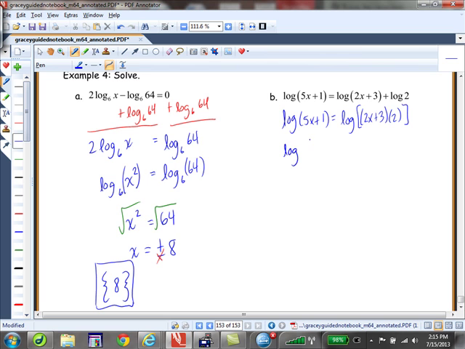So this gives us log of 5x plus 1 is equal to log of 4x plus 6 when I multiply through by the 2.